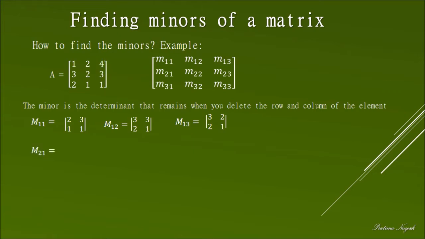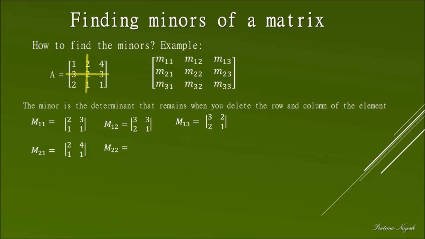Next we will go for minor 2 1. Let us delete row 2, column 1. What is left? 2 4 1 1. Next M22, minor 2 2.